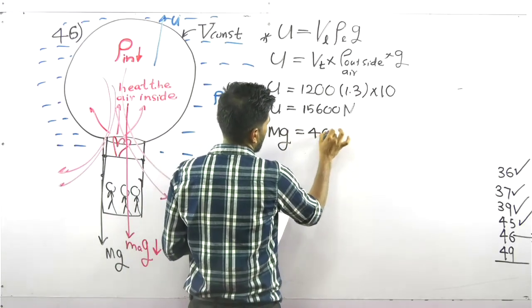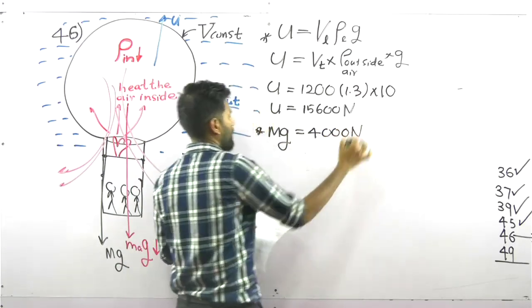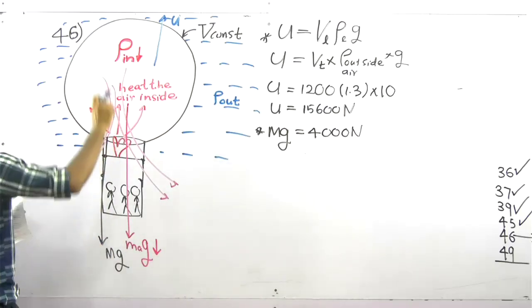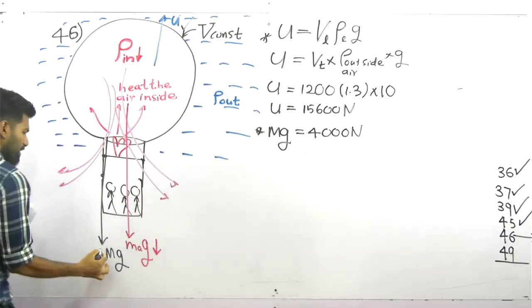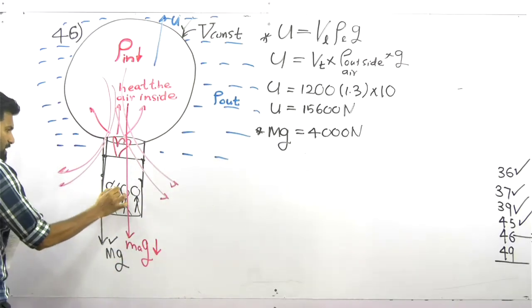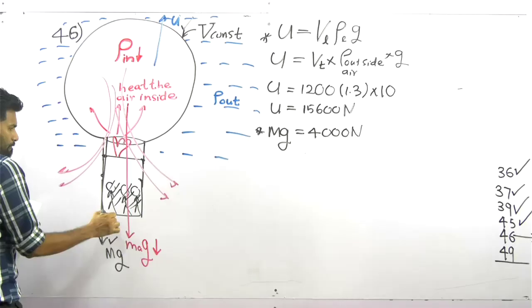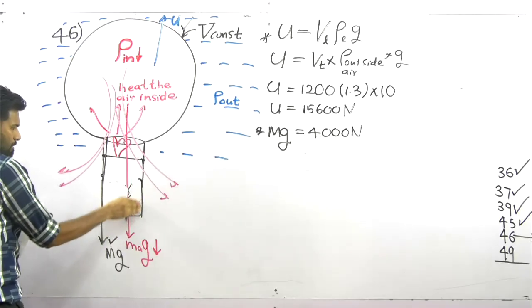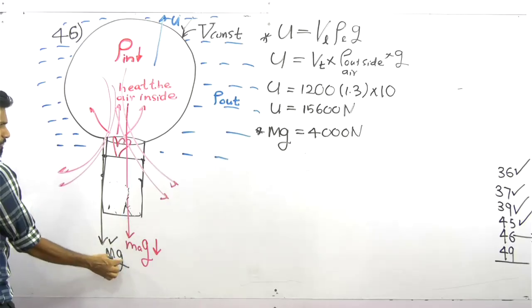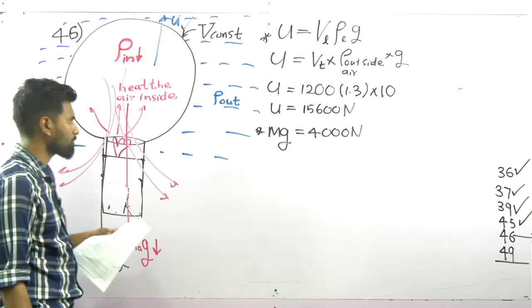That means 4,000 newtons of weight. Upthrust is 15,600, and the people are not considered. The weight of the rubber is 4,000 newtons.